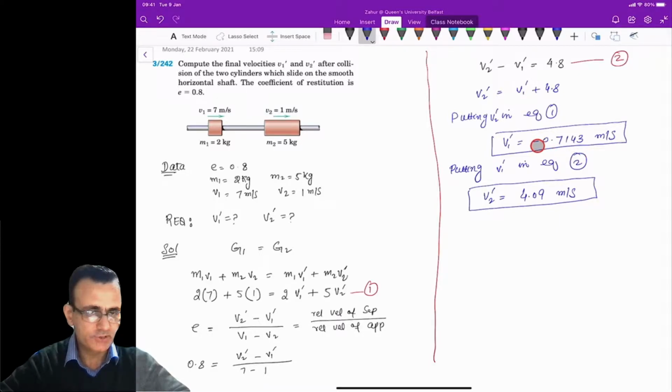So this means that the direction of the velocity is in the negative direction. So we can say that v1 dash is toward the left side, and v2 dash is toward the right.